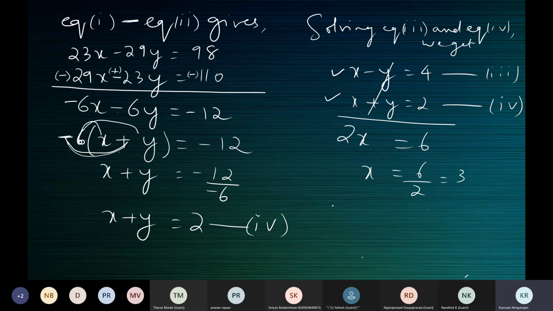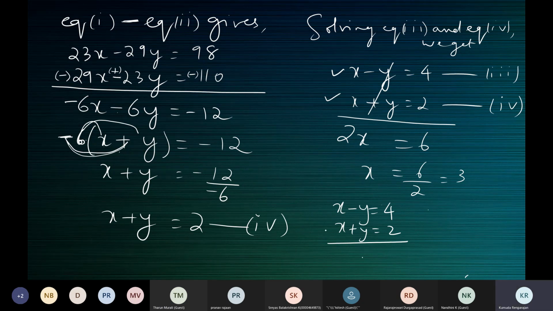See here, this is equation 3. What I'm writing is equation 3, and this one is equation 4. Yes or no? Yes, ma'am. So I've written equation 3 and 4, one below the other.